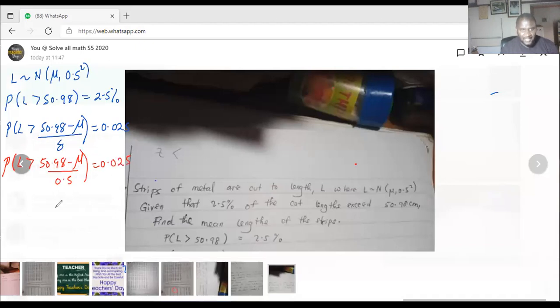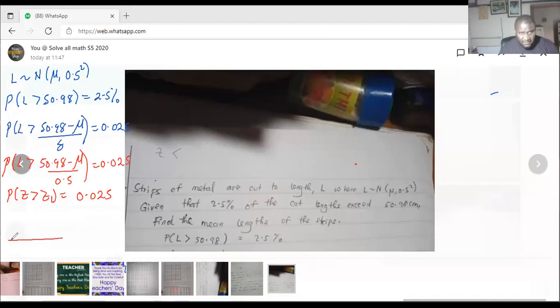Now, our knowledge, this is going to be in the form, the probability of Z greater than Z1 is equal to 0.025. If it is in that format, then we are seeing the greater than, but a very small probability.